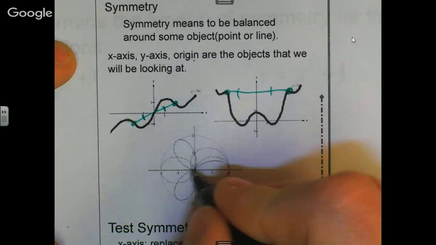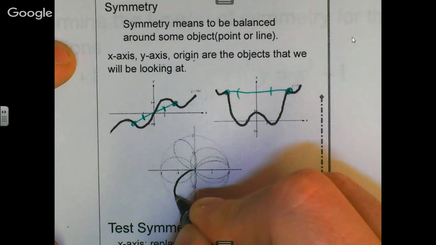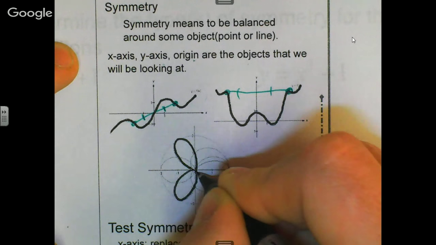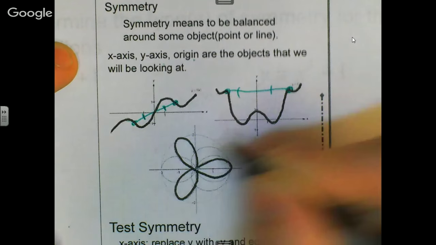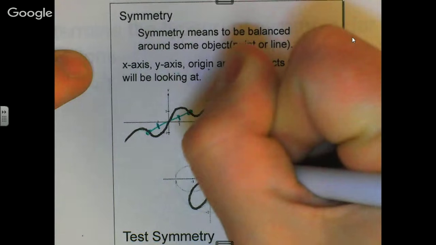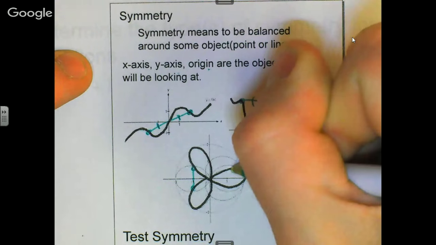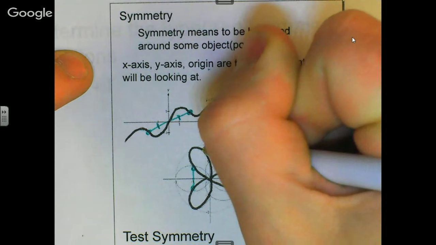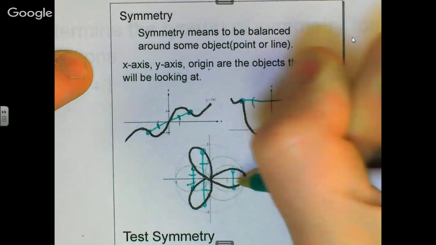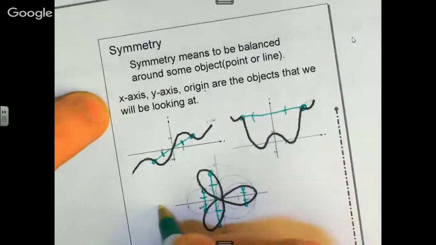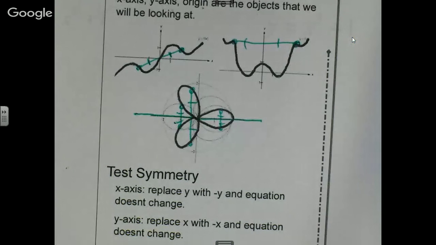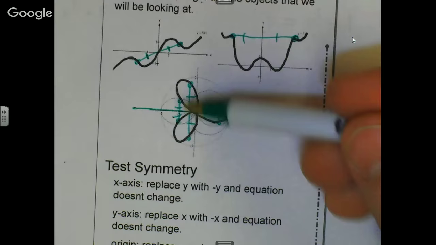So let's just look at one right here. If I take it and map from here to here, or here to here, or even here to here, they create a bisector. So this line right here, that x-axis, is a segment bisector of each one of those.